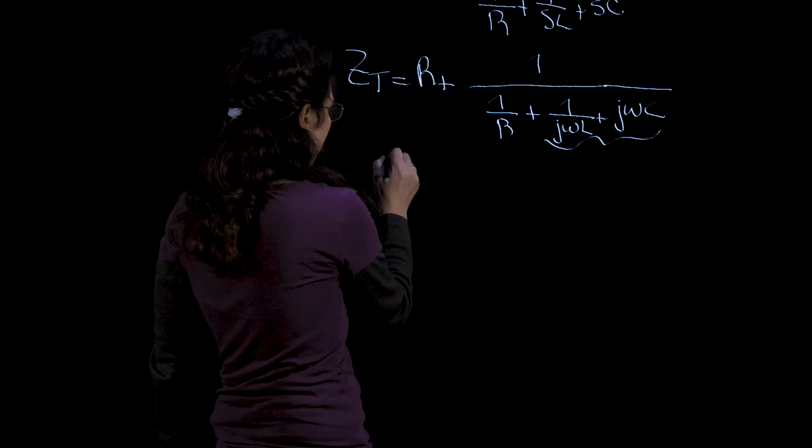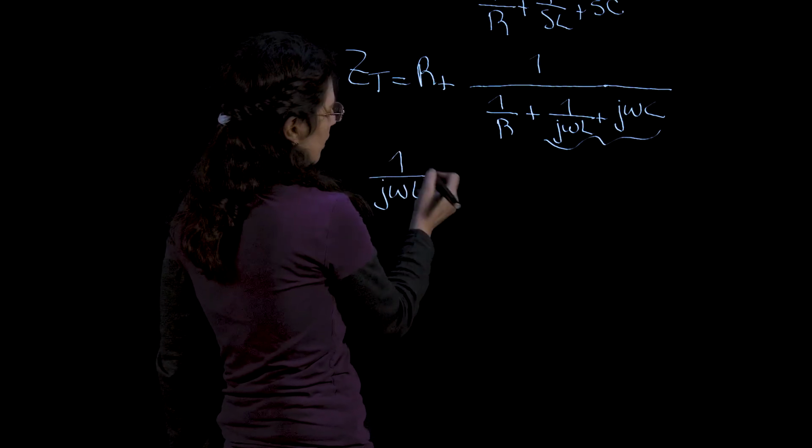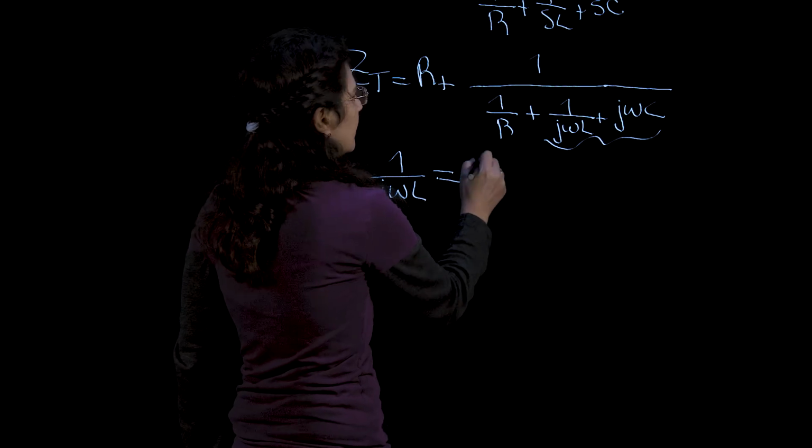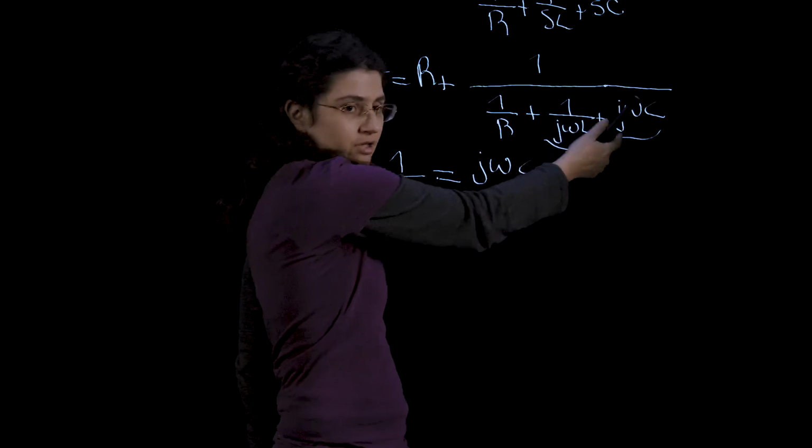So we just write 1 over j omega L equals j omega C. Because when they're equal, they cancel each other out.